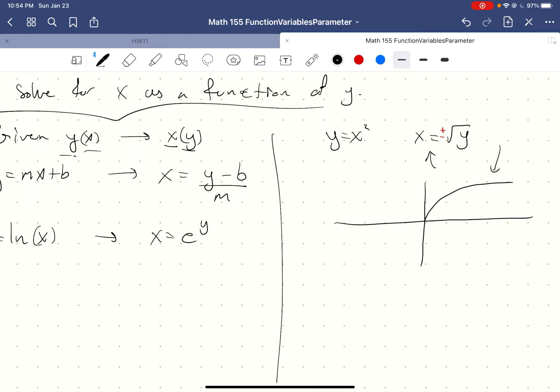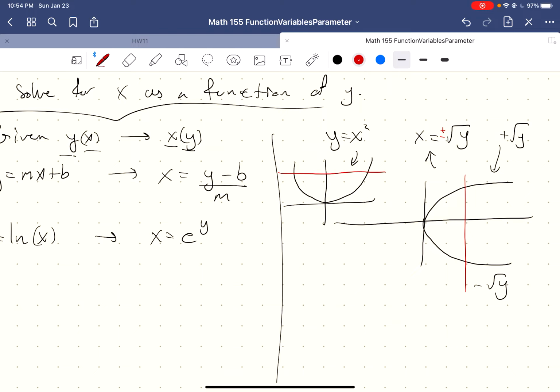That would be the positive root y. But there's also negative root y, which looks like that. And you can see it fails the vertical line test, so it's not a function. But similarly, back when I was just given y equals x squared, it fails the horizontal line test. So it's not invertible.